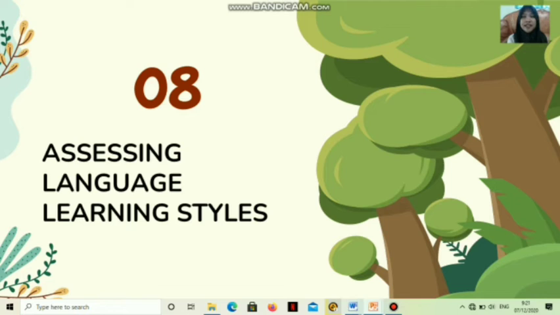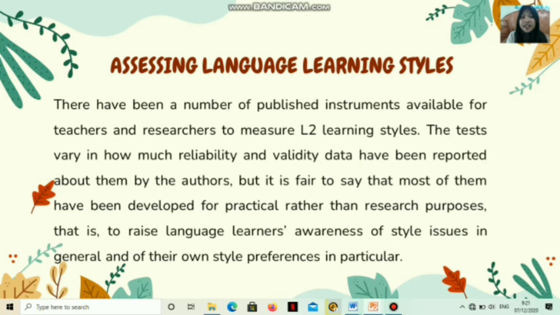I would like to explain about assessing language learning style and the Ehrman and Leaver learning style questionnaire. The first is assessing language learning style. There have been a number of published instruments available for teachers and researchers to measure L2 learning styles.